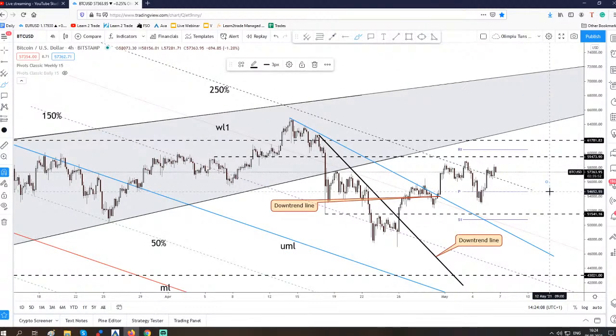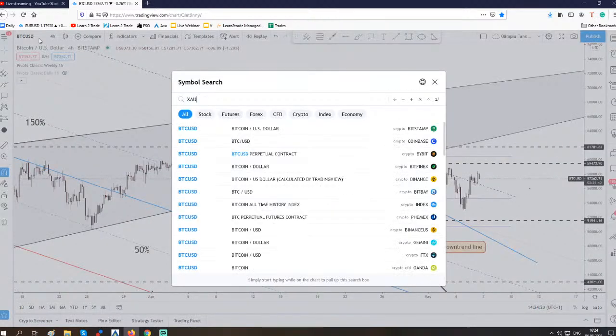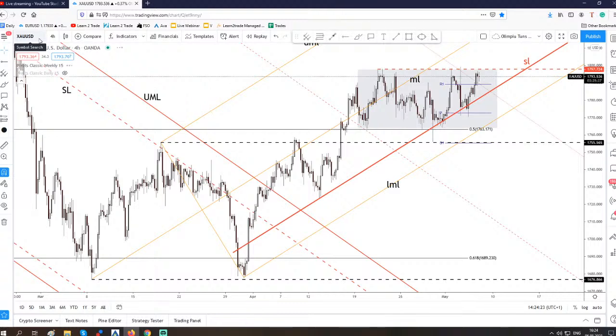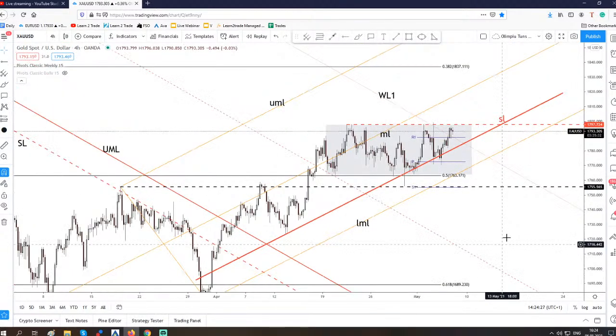Okay, we'll take a look again at gold. I've told you earlier that the bias is bullish after another false breakdown below this sliding line, the inside sliding parallel line of the ascending pitchfork.